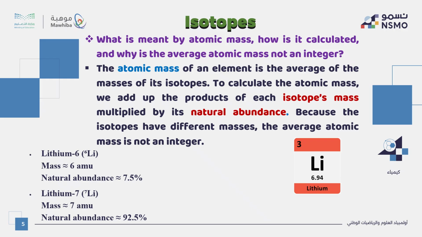The atomic mass shown on the periodic table is the average mass of the naturally occurring isotopes, taking their abundance into account.